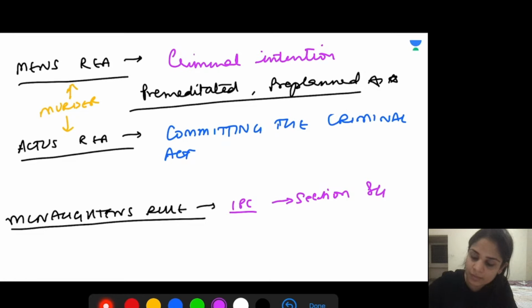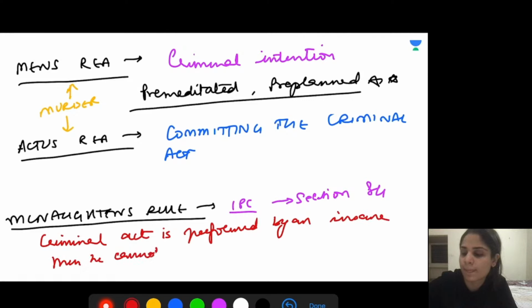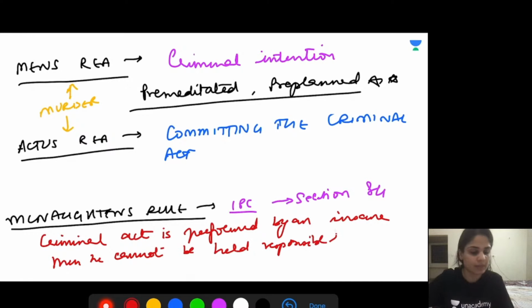So McNaughton's rule says that if a criminal act is performed by an insane person, then he cannot be held responsible for the act. Okay, so that is your McNaughton's rule.